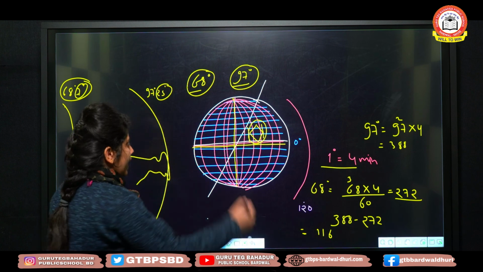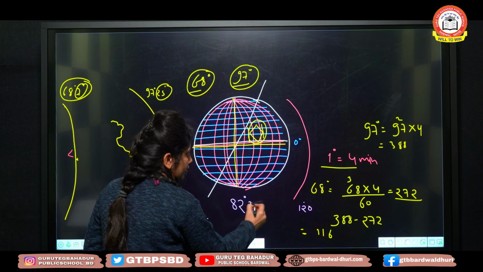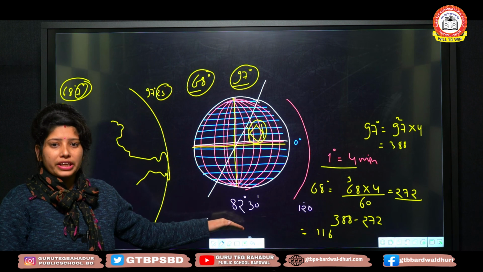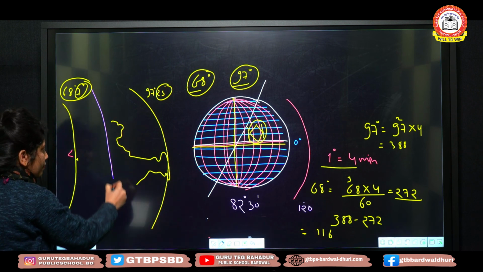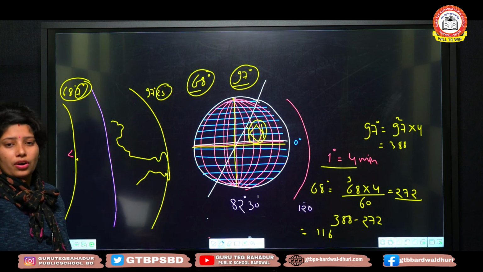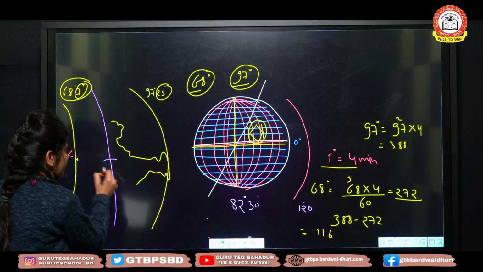It was 82 degree 30 minutes. 82 degree 30 minutes is the standard meridian which passes through Mirzapur in the state of UP. Okay, somewhere here.